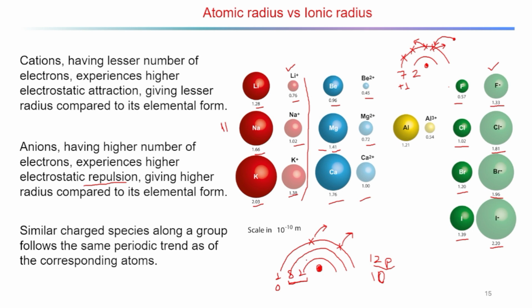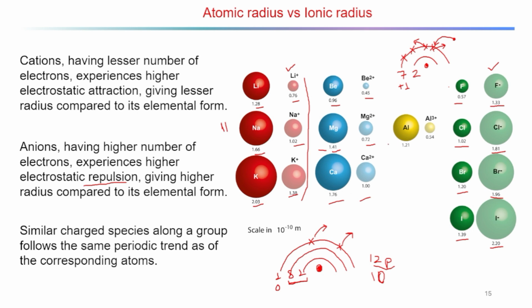Now in case of sodium plus, there are only 2 shells. Similarly, magnesium had 3 shells, but in case of Mg2 plus, there are only 2 shells. Or even if the shell number is the same, if you remove electrons, that will increase the electrostatic interaction. So because of that, the size of the cation is always smaller than the elemental form.